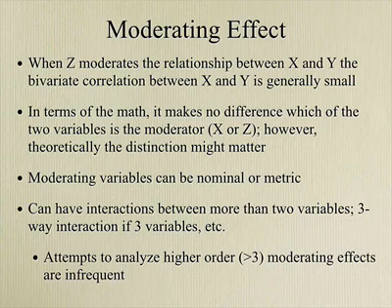So we have Z, X, and Y, and when Z moderates the relationship between X and Y, the bivariate correlation between X and Y is generally small. Why is that? Why is that true?